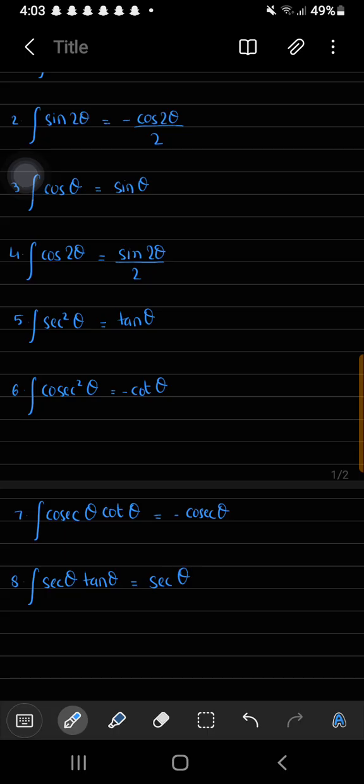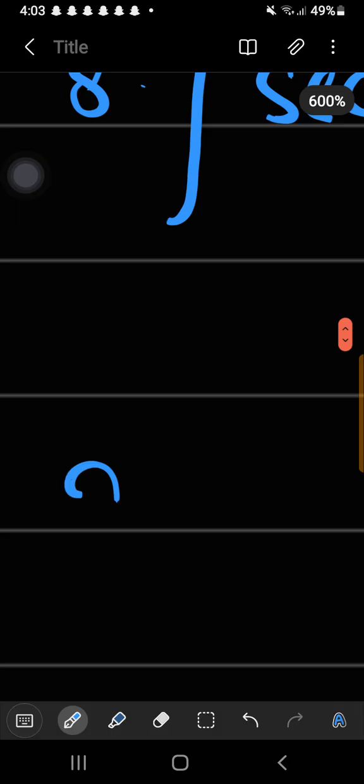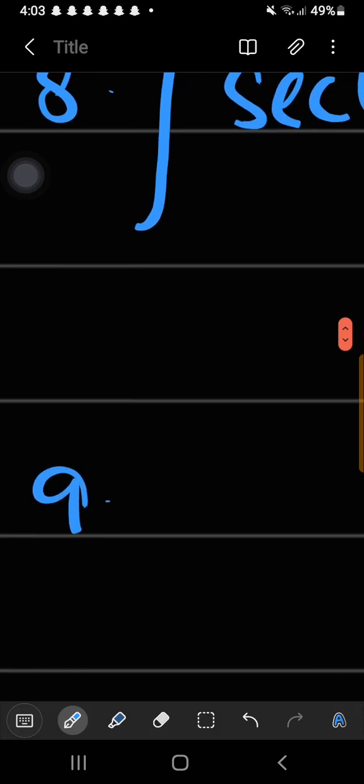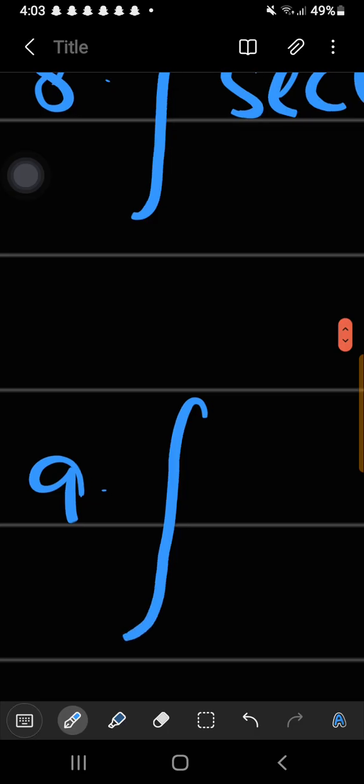on ninth I am going to discuss a formula. We can say it is a formula or we can also say it is the by parts method. So it is like this.